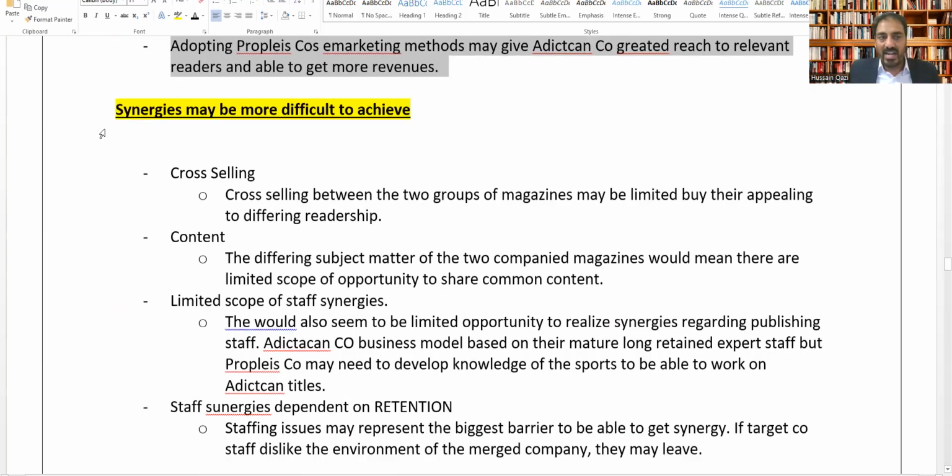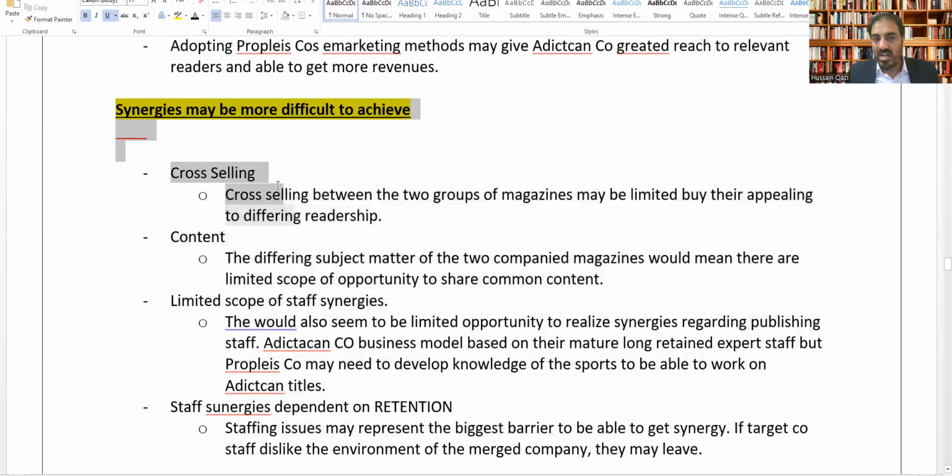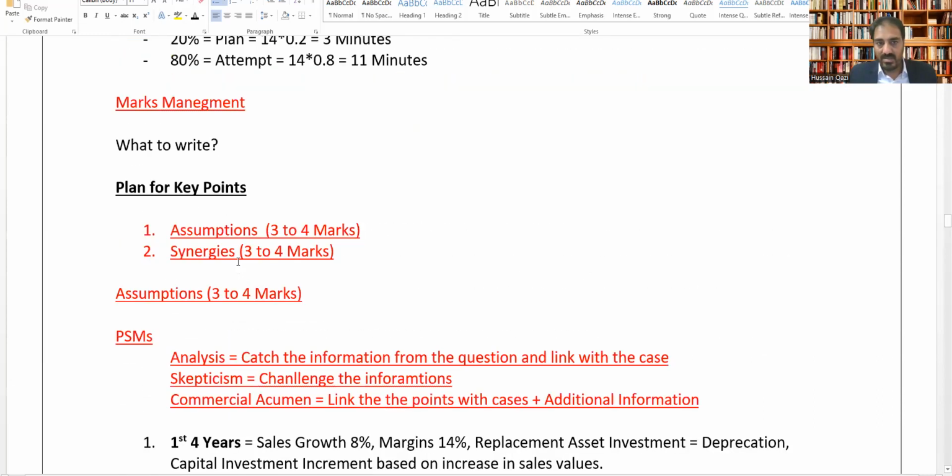But out of 4, at least you need to mention 2 to 3 points here. 2 points you can easily mention: the cross selling, then content, and then staffing issues. First of all, develop your mindset based on your basic knowledge. So, candidate, this is this part of the question.